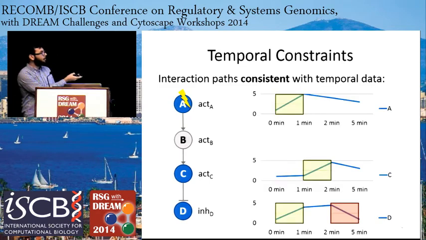In this example, we see that we can find evidence for A significantly changing and being activated, and then as B has no data, we say that it can happen at any time, and we see that C can come later than A, and finally D can exhibit some inhibition activity that comes after C's activation. So this is a valid model that we would consider.